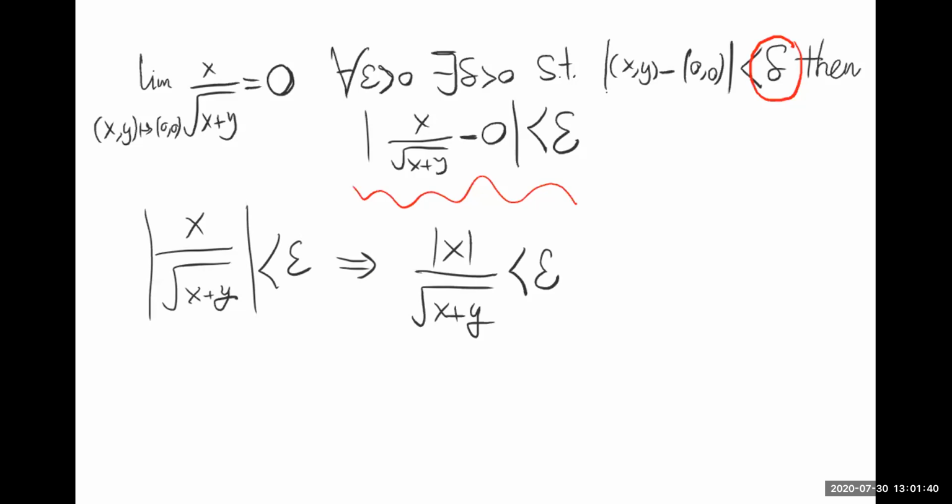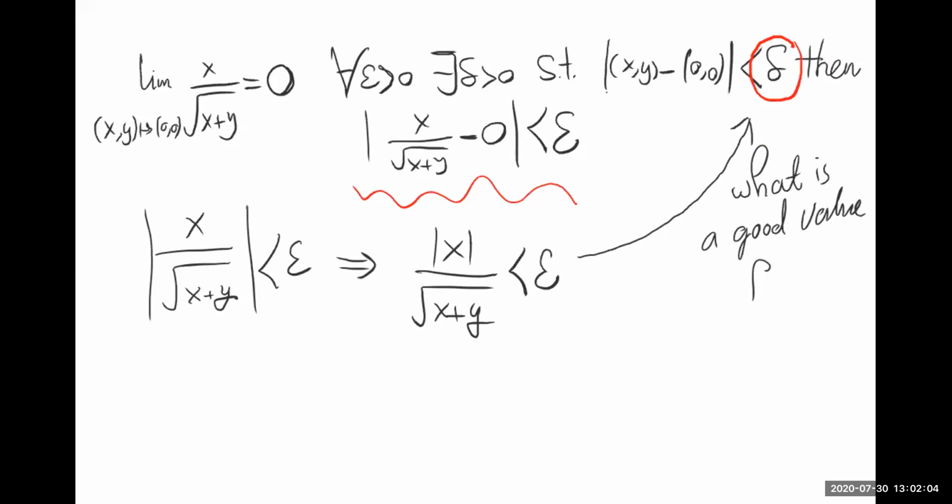I want to show this thing is doable. I can do this. Well, that's what I want to say. And from this, I want to find this delta. What is delta? What is a good value for delta? What is the good choice of delta? Maybe that's better.